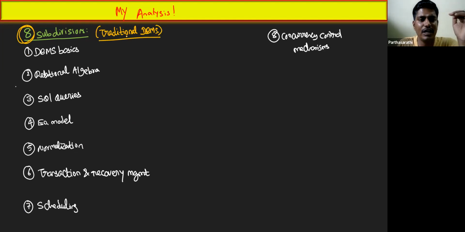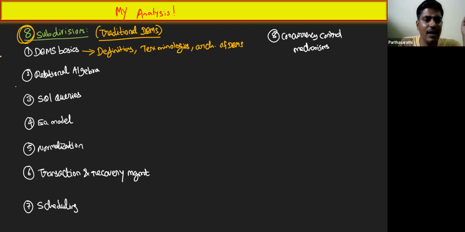We will start with the database management system basics, where you will study the basic definitions and terminologies that are very important for understanding the subject. Also, you have to discuss the architecture of DBMS and different views of DBMS, that is, logical view, physical view, etc. These are all the basics which will help you to understand the static questions.